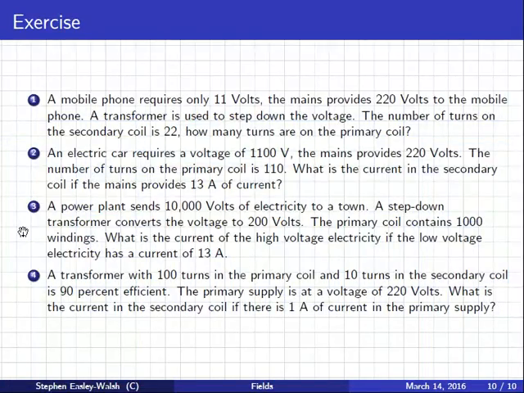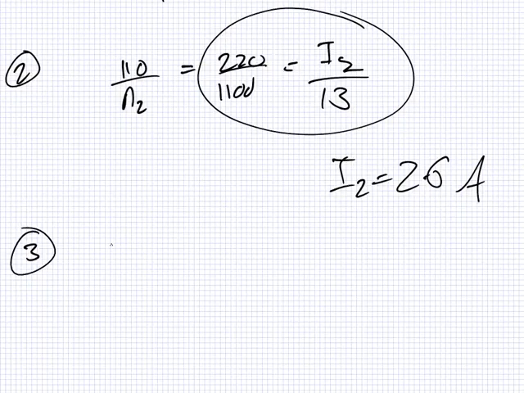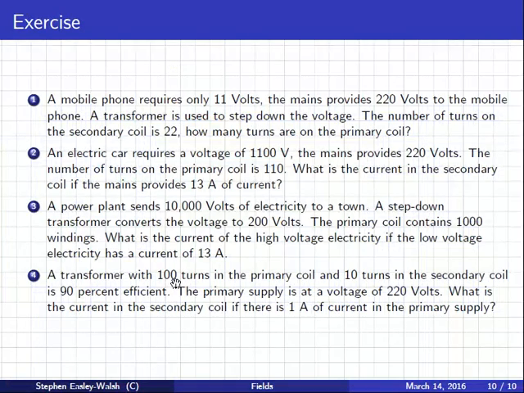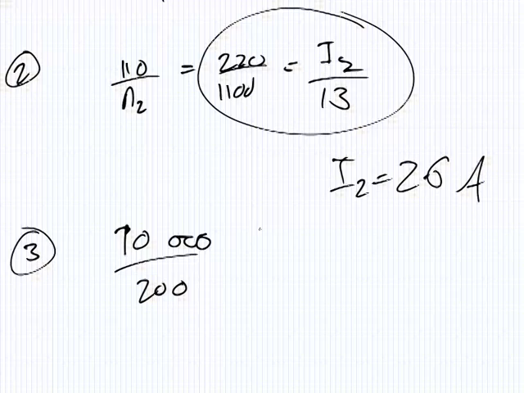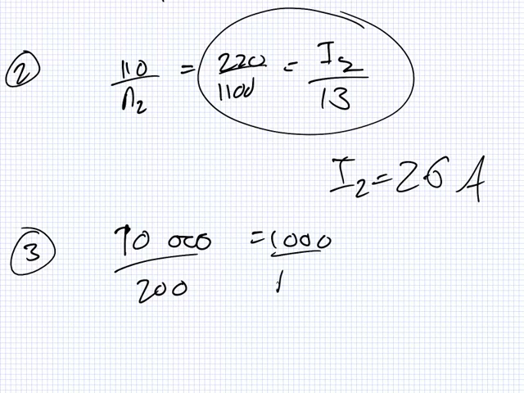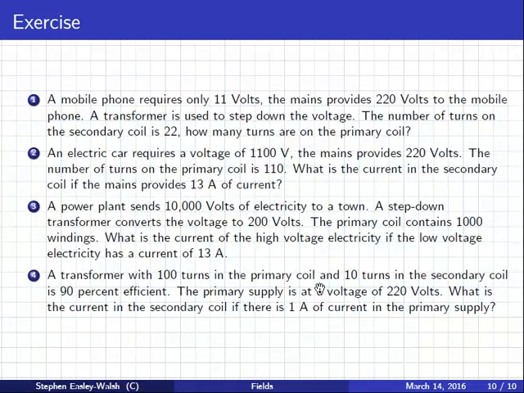3. A power plant sends 10,000 volts to a town. A step down converts it to 200. Okay, so V1 over V2 equals N1 over N2. What am I asking for? What is the current?